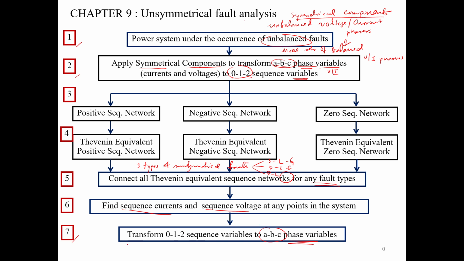This is the final solution. The final answer must be in ABC phase quantities. So these are the steps. We will look into the findings in each of these types of faults.